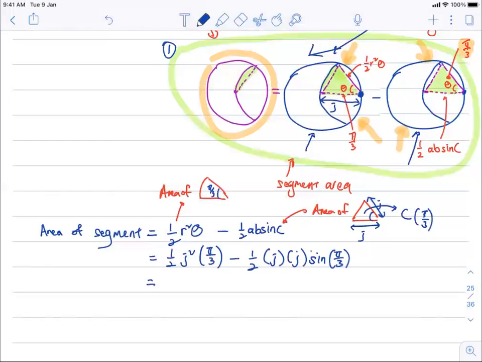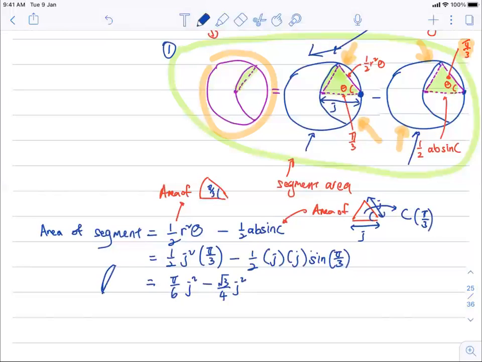So put into the calculator, we can get the area of the segment as pi over 6 J squared minus root 3 over 4 J squared. So this is the area of the segment.